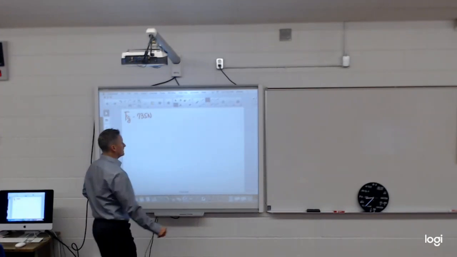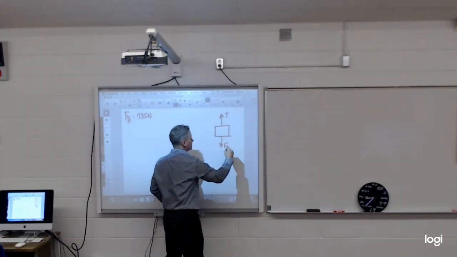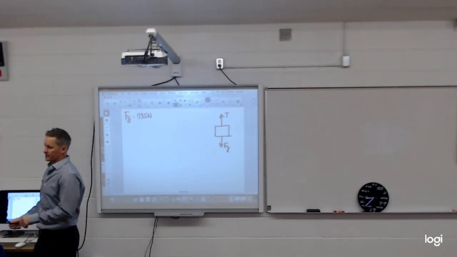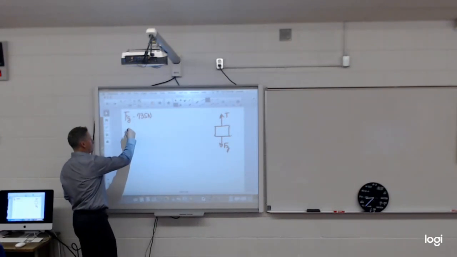So looking at my diagram again, the elevator is moving upward. Which has more force, the tension or the force of gravity? Tension. There's got to be more, because it's going up.